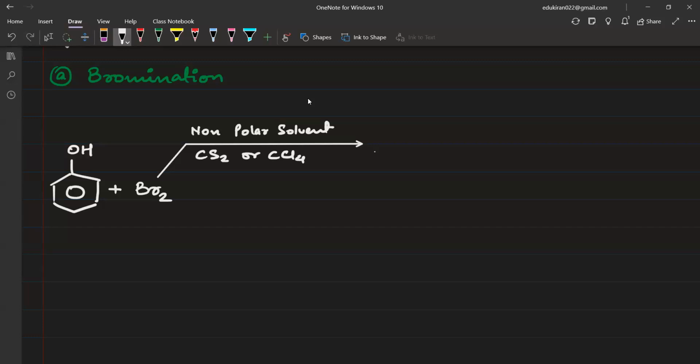Both of them are non-polar. In this case, you are going to get two different products, ortho product and a para product. The OH will be as it is. Br will attach on the ortho position, plus you will get phenol, which is having Br in the para position.